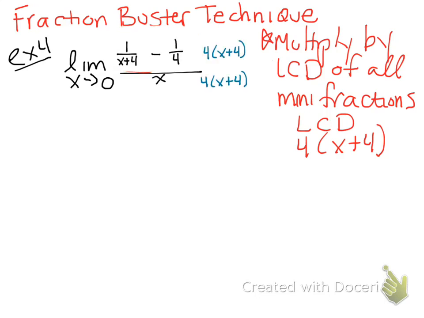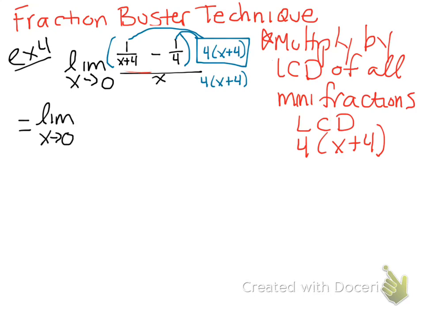Okay, so we're going to multiply by that LCD on the top and on the bottom. So in the numerator, remember that all of this is being multiplied. So we need to take this piece and distribute it to each of these fractions. I'm probably going to show more work here than you eventually will need to. I want to make sure it's really clear what's happening.